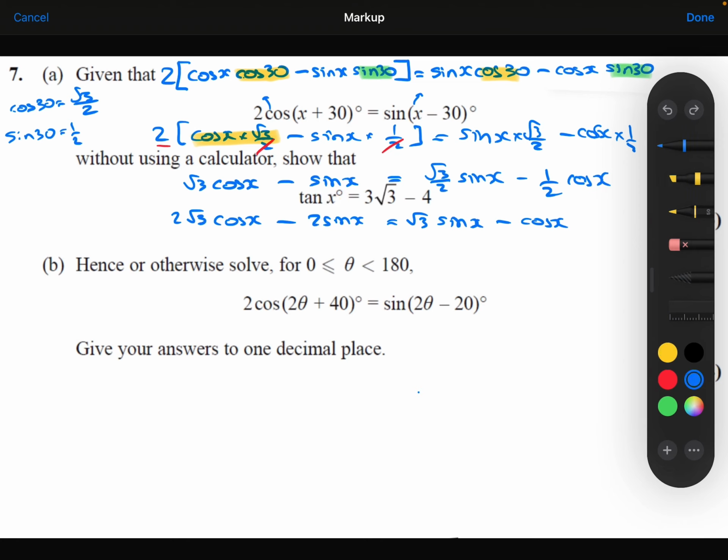So if I divide through by cos x, this will be divided by cos x, this will be divided by cos x, and this would cancel just to be a 1. So that's going to leave me with 2 root 3 minus 2 tan x equals root 3 tan x minus 1.